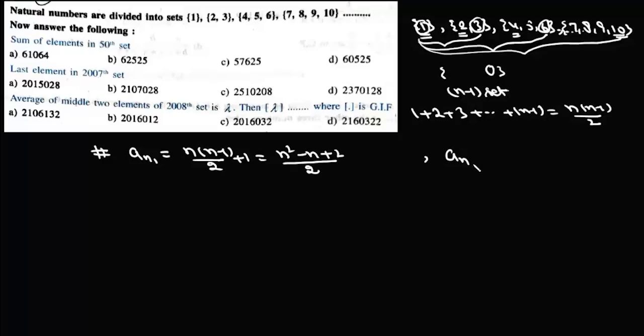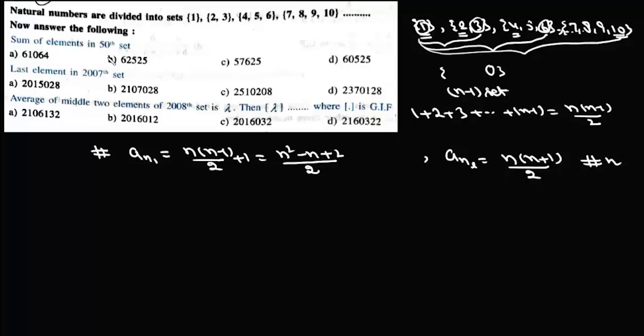So it will be n minus 1 by 2. So first element of this nth set will be n minus 1 by 2 plus 1, or simply n square minus n plus 2 whole divided by 2. And last element in this set n will be n plus 1 by 2, and number of elements will be simply n.